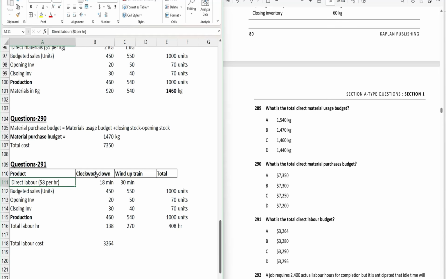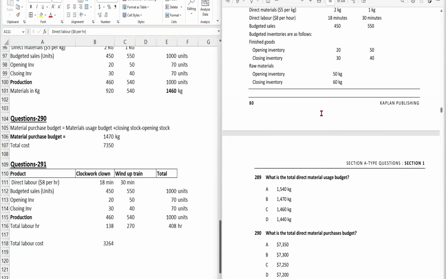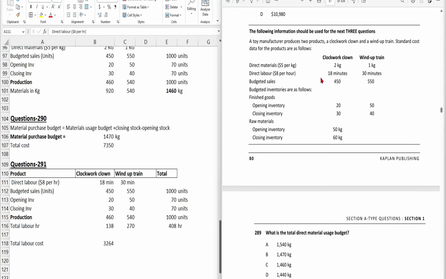If you look at the question, it has provided the labor time. I mean, 1 unit of the clockwork clown requires 18 minutes and wind up train requires 30 minutes, but the labor rate is per hour. That means we need to convert these minutes by dividing by 60, and due to exam pressure, students make this kind of mistake.